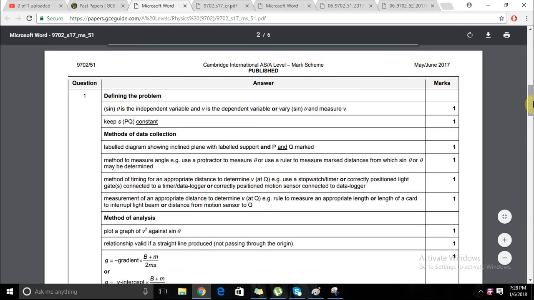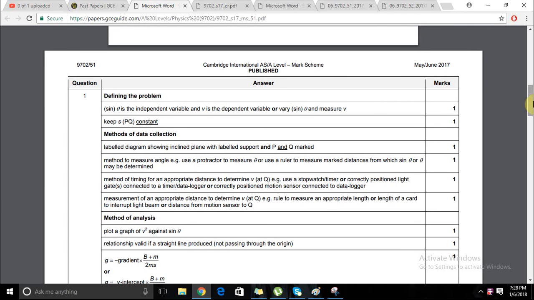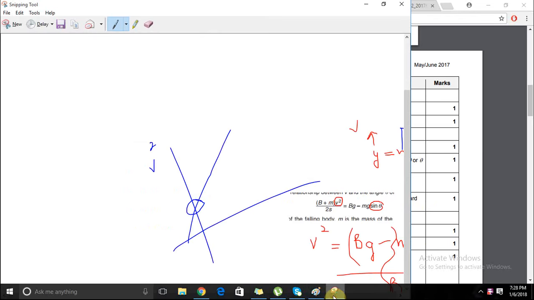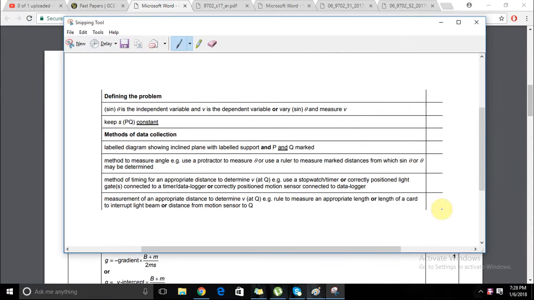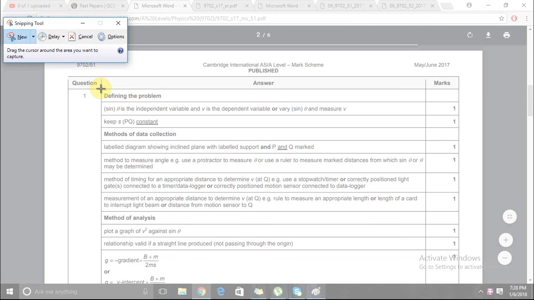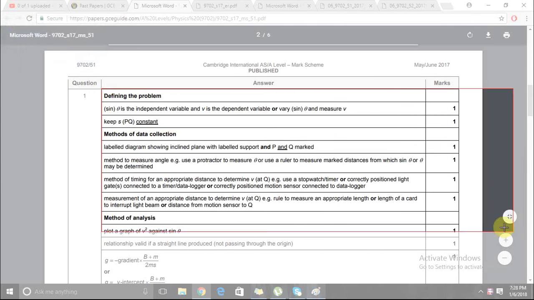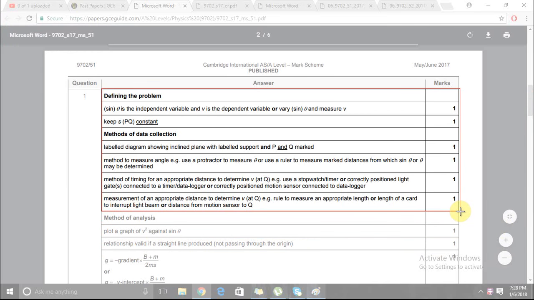Defining the problem, theta is the independent variable. Like I said, the one we will actively be changing in order to observe some sort of a change in the other variable, which we will term as the dependent variable, because it is dependent on some other factor, right?